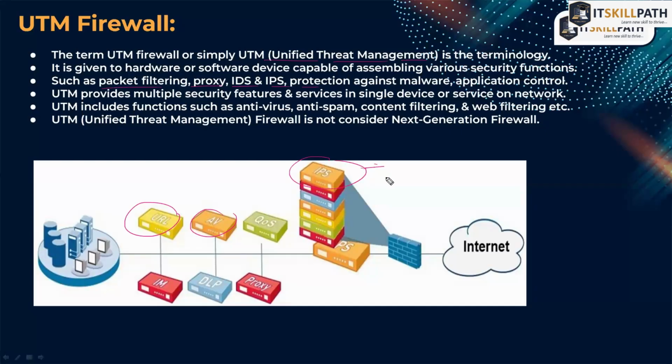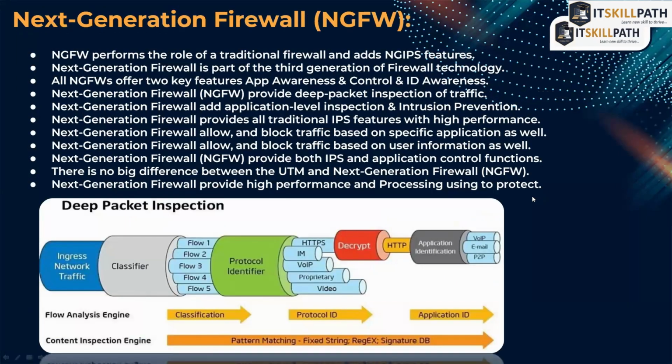Anyone aware about it? Intrusion prevention system. Yes, it can prevent the threat. Not only identifying, it can prevent also. IDS is to identify, detect, and IPS is to protect from attack. Okay, so that is called UTM firewall.